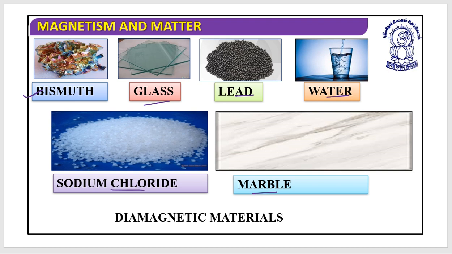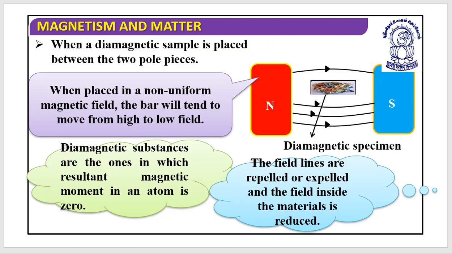So let's have a look at one more very important characteristic of the diamagnetic specimen. When a diamagnetic sample is placed between the two pole pieces, let's suppose this is the north pole and this is the south pole, and we place a material with strong diamagnetism over this.